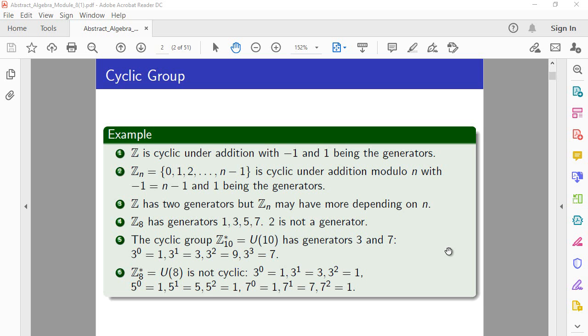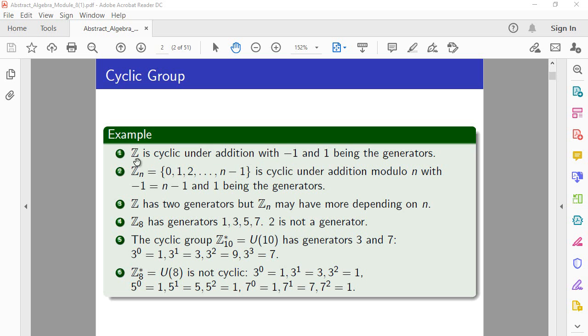We are going to start cyclic groups today. So I'm going to start with a couple of examples here. If Z is the set of integers, it is a cyclic group under addition because it is generated by 1, or it is generated by -1.